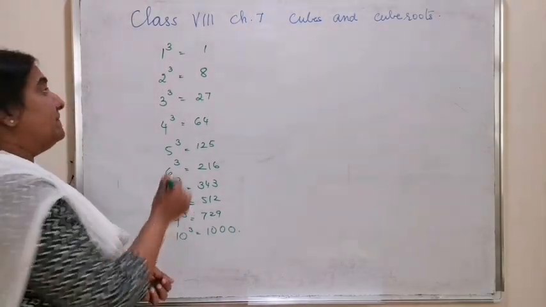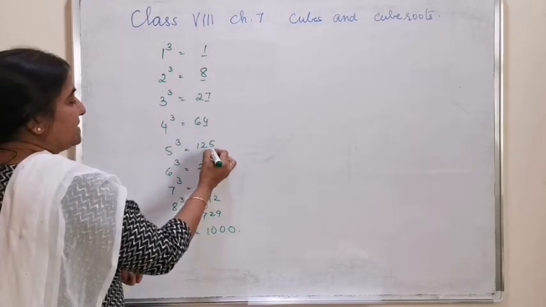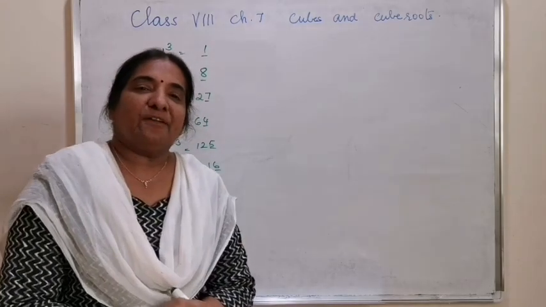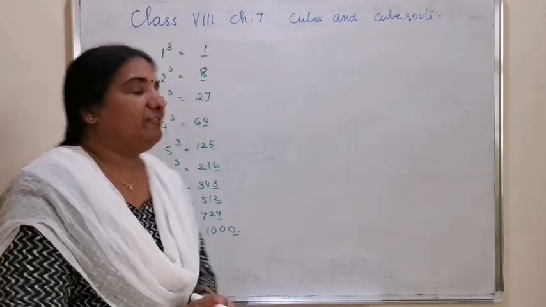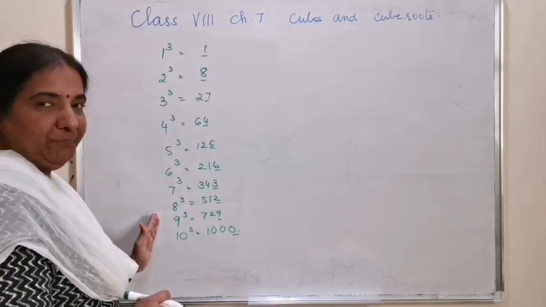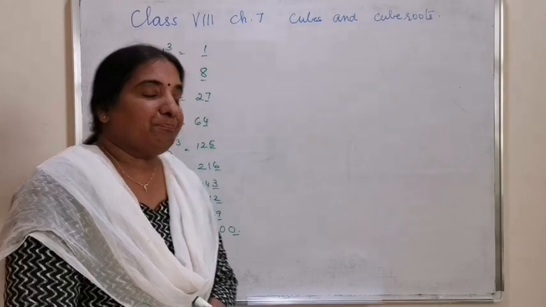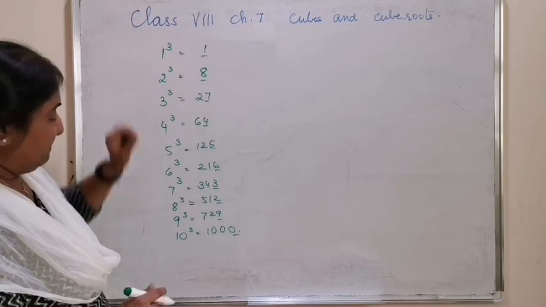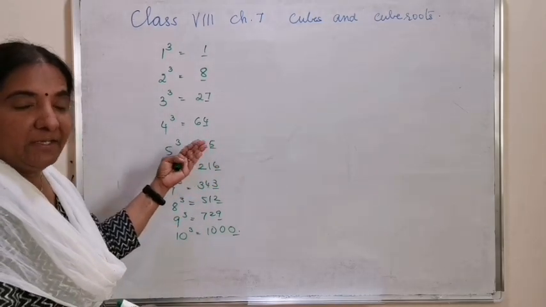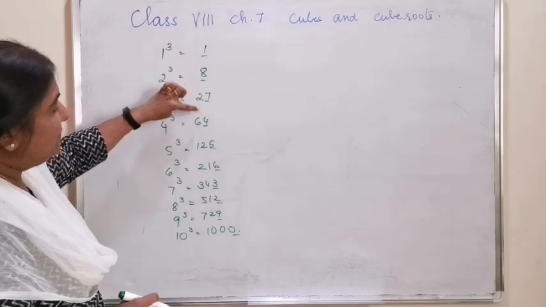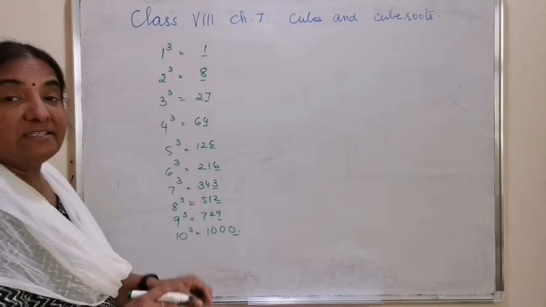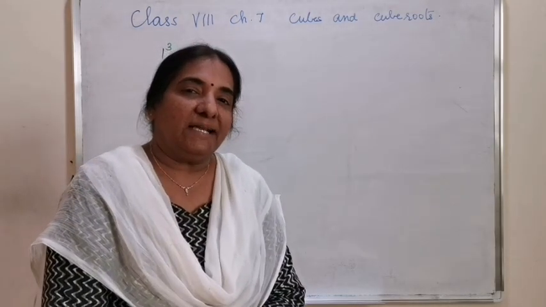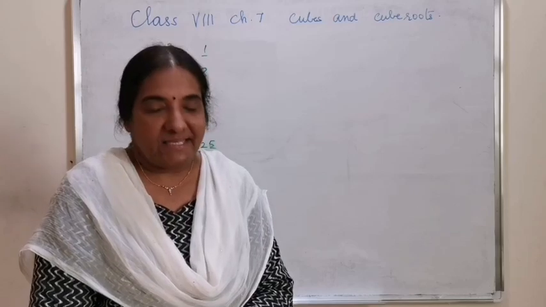If you see the cube numbers, the units places of the cube numbers are all digits from 0 to 9 for different numbers. Then, another interesting fact is, if you count the number of cube numbers below 1000, it's only 1, 2, 3, 4, 5, 6, 7, 8, 9, 10 numbers below 1000, because as you multiply 3 times, the numbers get larger very easily.